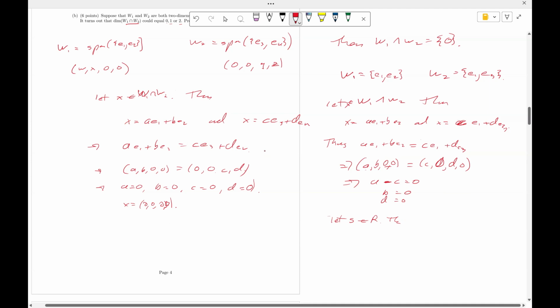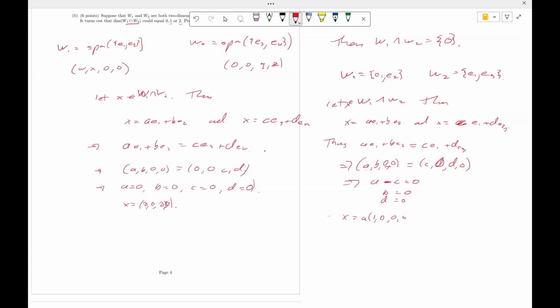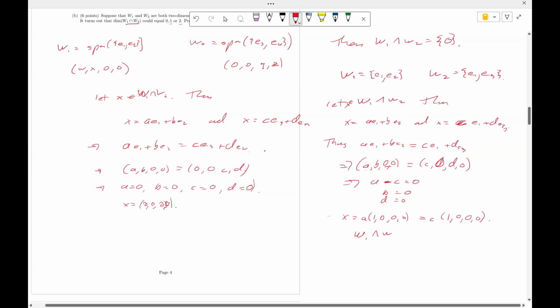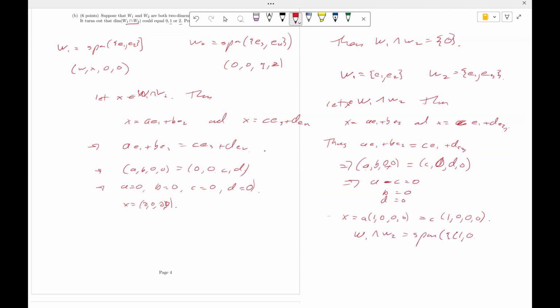They just simply have to be the same number, which means that x equals a times (1, 0, 0, 0), which equals c times (1, 0, 0, 0). If we phrase it this way, it's a lot easier to see. So W1 intersect W2 equals the span of the set containing (1, 0, 0, 0). So the dimension is 1.